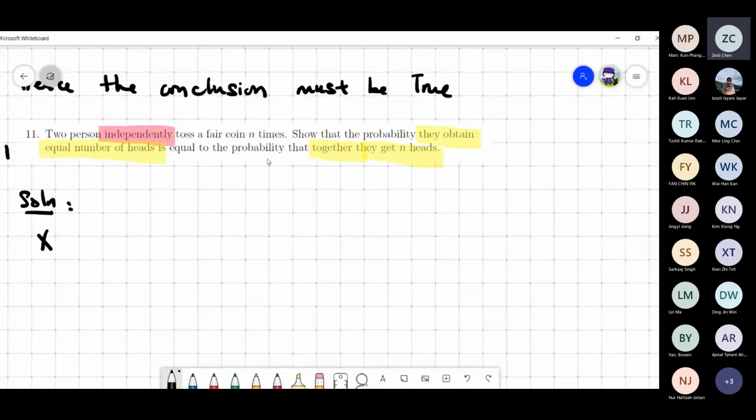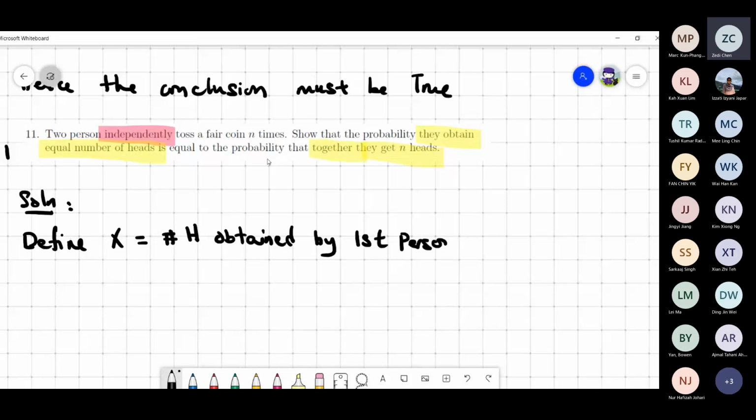So what we can do is let X be the event. Not event, sorry. We define X to be the number of heads obtained by the first person, and Y to be the number of heads obtained by the second person.